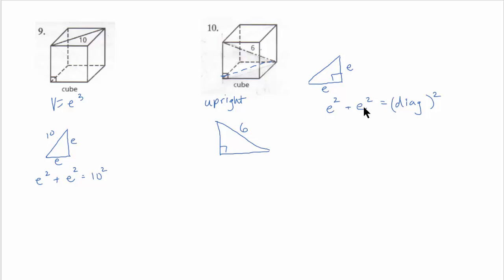And I can solve for the diagonal here. So that's 2 times the edge squared equals the diagonal squared.